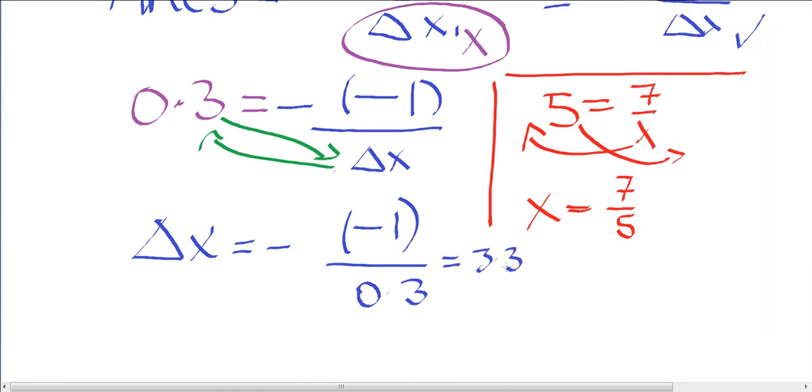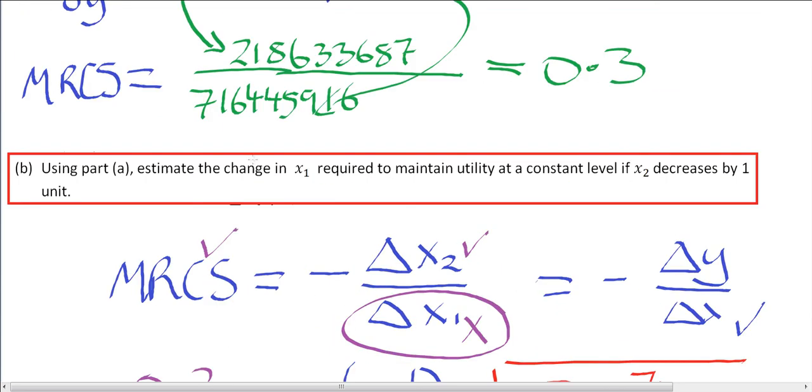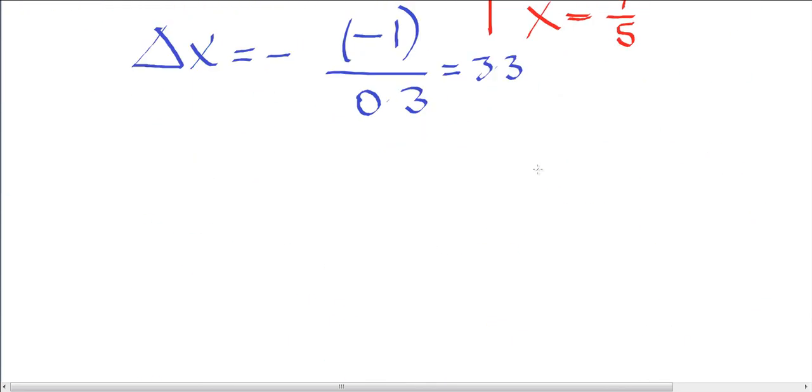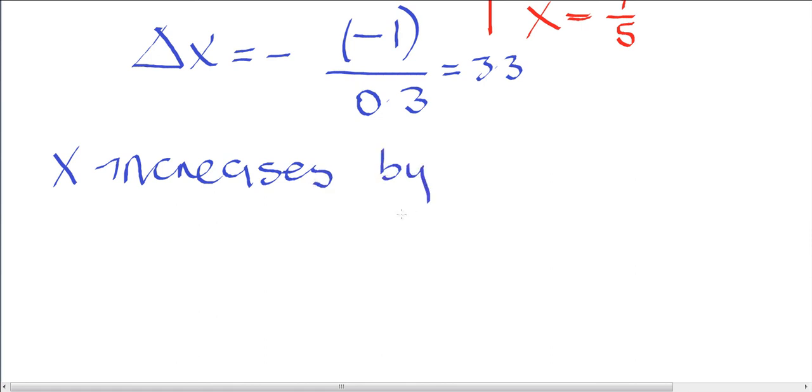So that means the estimate of the change in x1, so x1 or x, again, whatever you called it, I better go back, I'll stay with my x here. x does increase because it's plus 3.3 there. So x increases. If it was a minus 3.3, you would say it decreases, but x increases by 3.3 units. Okay.